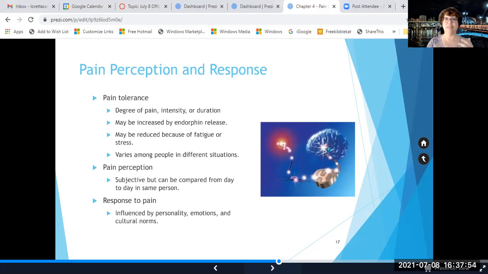So lots of things can alter your pain perception and your response. And so sometimes what we're doing in physical therapy is we're educating people about their pain response to try to ramp that back down. So it's a very interesting area of therapy, chronic pain management, and neuroscience of pain education.